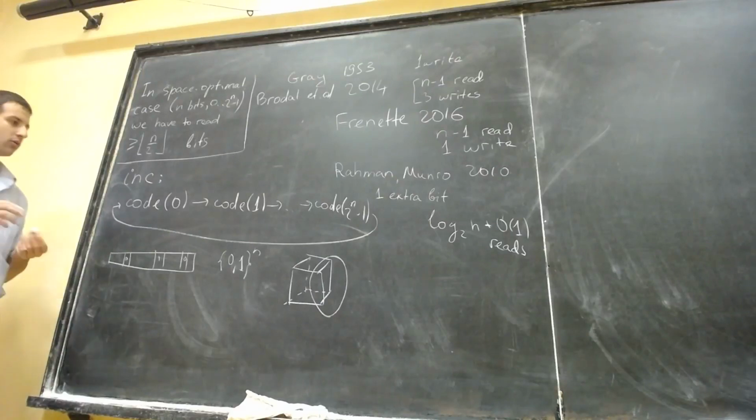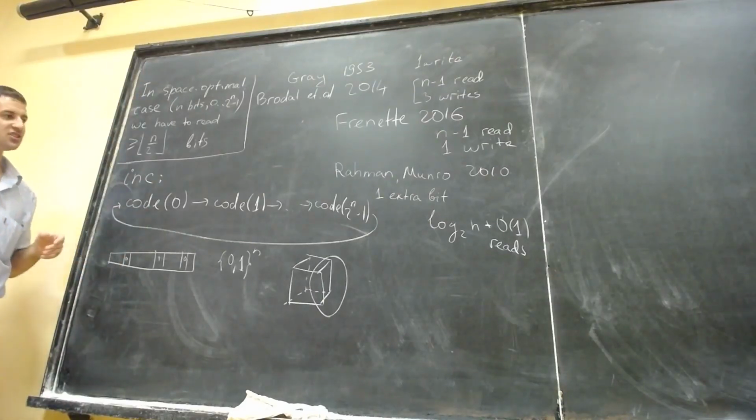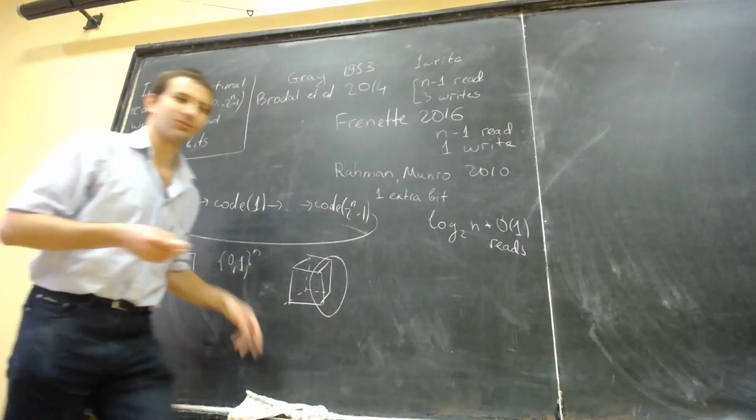Now what we know, we have our binary decision tree. Maybe I should change to another slide.